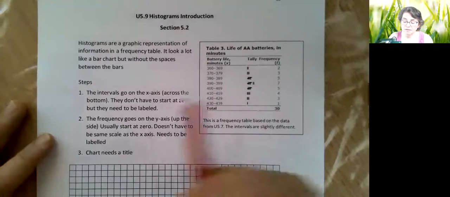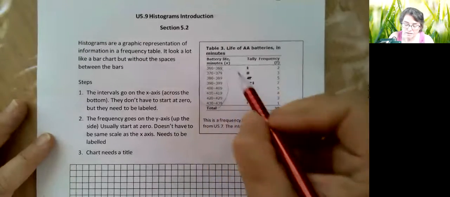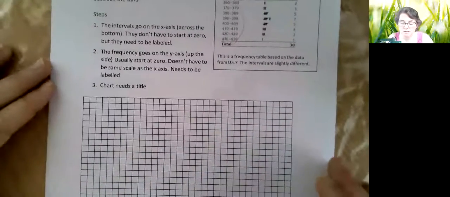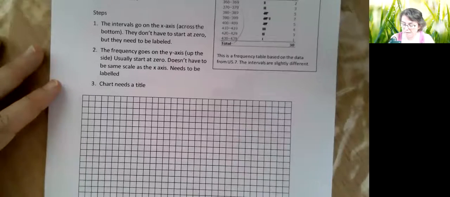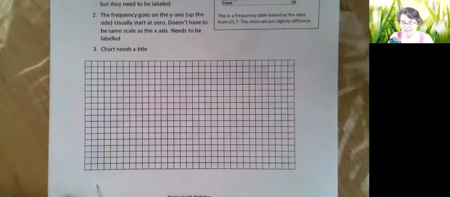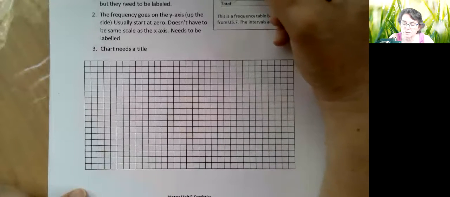All right, so my intervals, which is this stuff, need to go across the x-axis, which is on the bottom. They don't have to start at 0, but they do need to be labeled. Previously, I counted about 33 spaces all the way across, and we divided 1, 2, 3, 4, 5, 6, 7, 8.